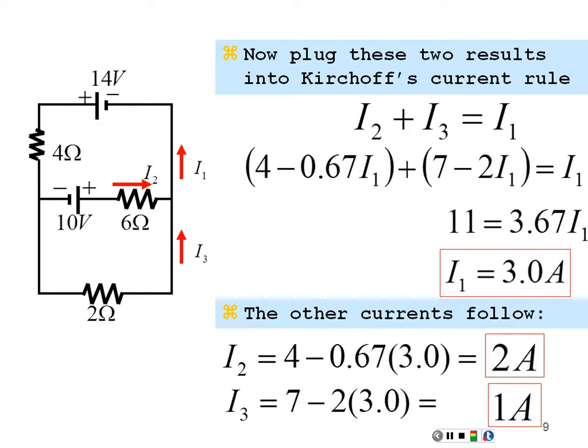And note that I2 plus I3 does indeed equal I1. So I got all my currents. And it's a two source circuit, no problem. This method, 2 sources, 3 batteries, 4 batteries, bring it on. Doesn't matter. This method will work for all of them.